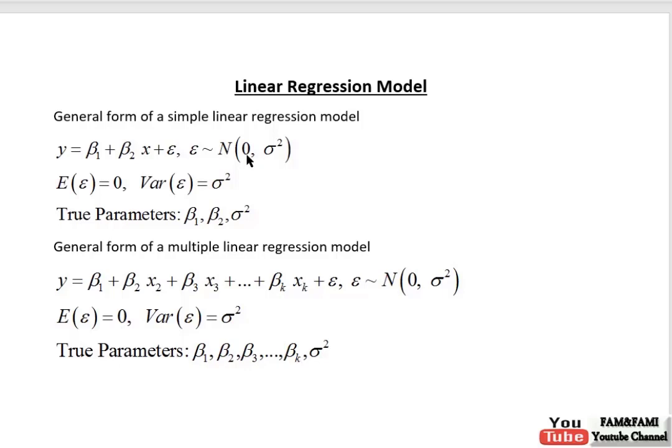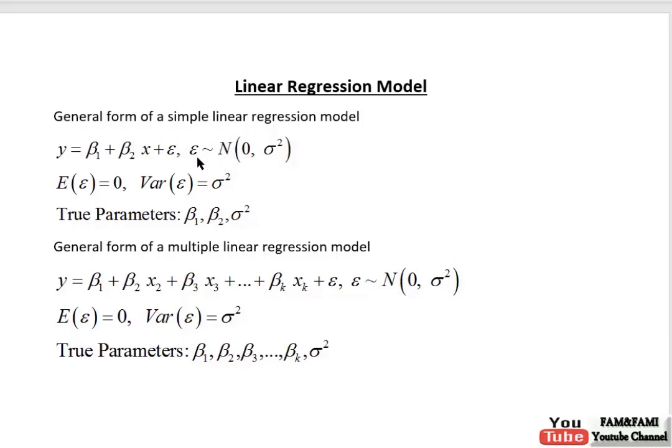So this 0 is the mean of this error term epsilon, which is a random variable, and mathematically we write it as expected value of epsilon, which is the mean, is 0 and the second argument is the variance, so VAR of epsilon is sigma square. And we have also assumed that this is normally distributed, but we can relax this assumption of normality.